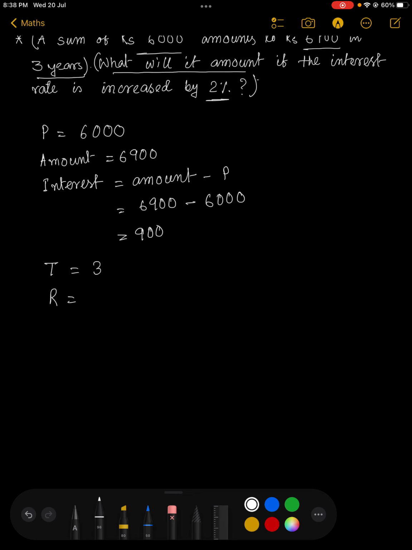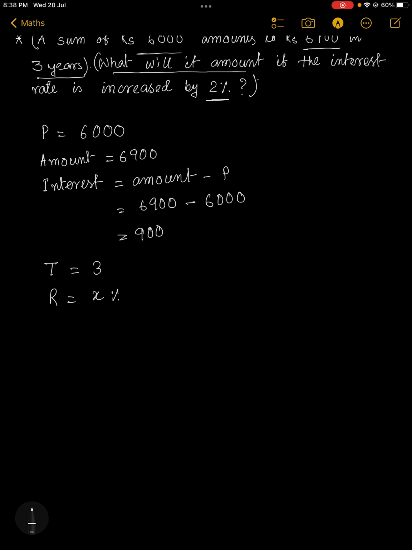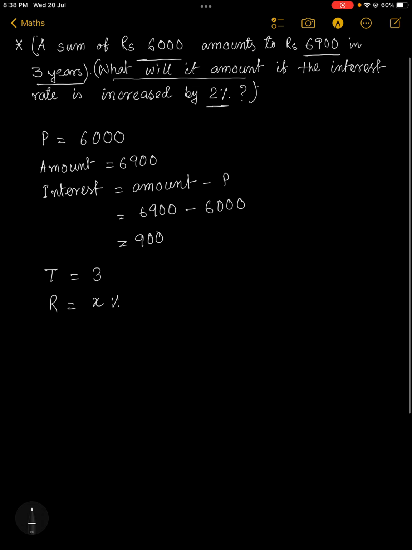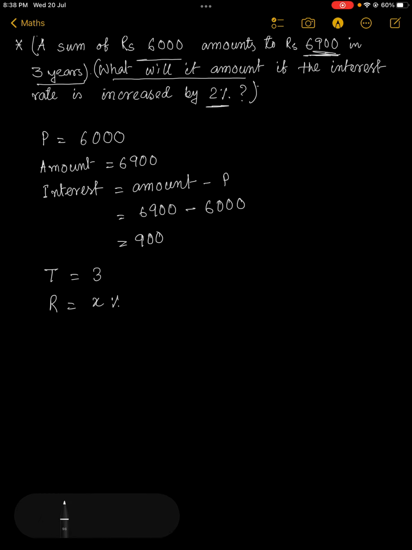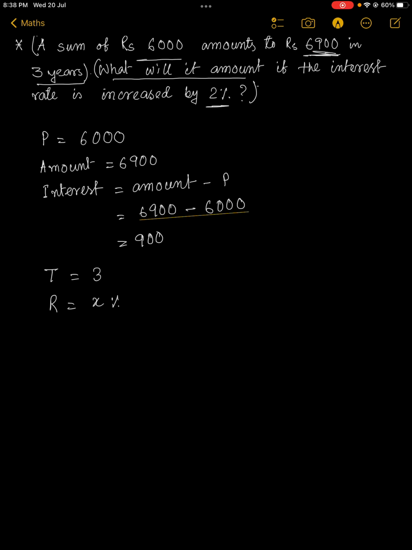The person is getting 6,900 from 6,000 in 3 years at X percent, and we don't know the value of X. Let's suppose X is 10%, 12%, whatever it is, any value. That's why I take X. What will it amount to, meaning what would it become instead of 6,900, if the interest rate is increased by 2%?